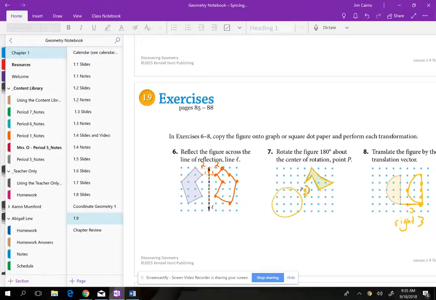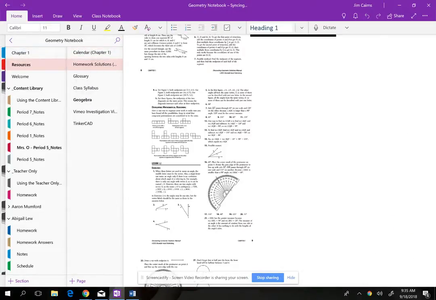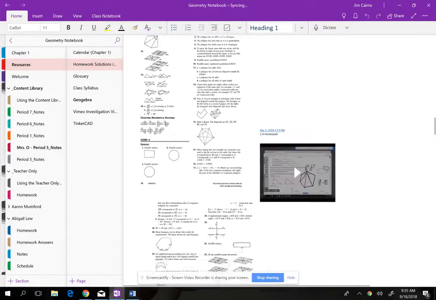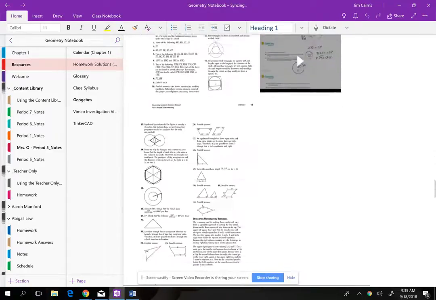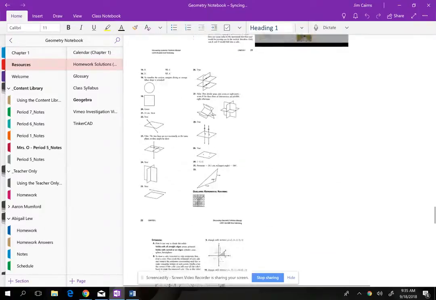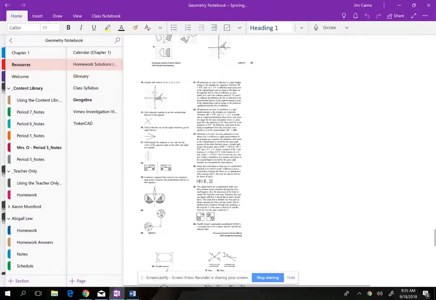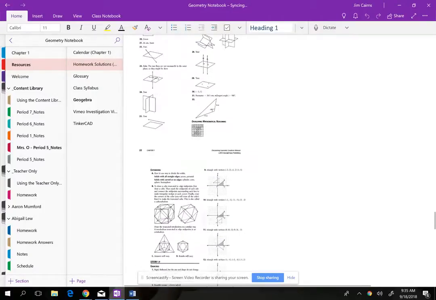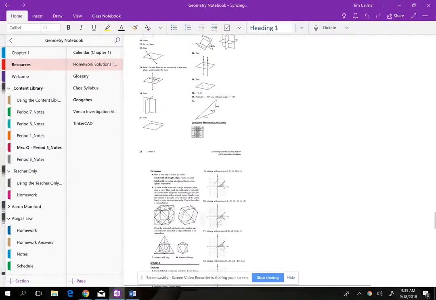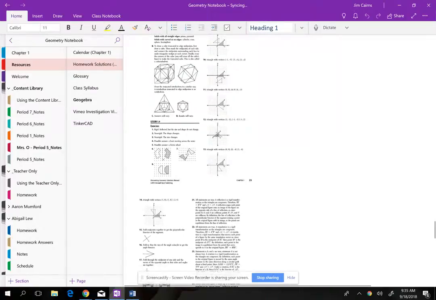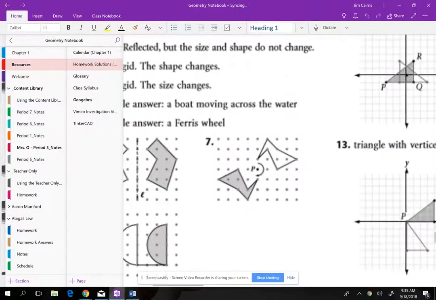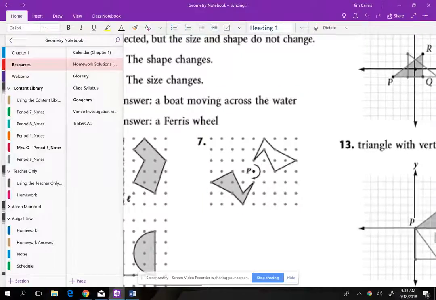If we look at the homework solutions for 1.9, there we go. This is what number 7 is going to look like when you rotate 180 degrees clockwise.